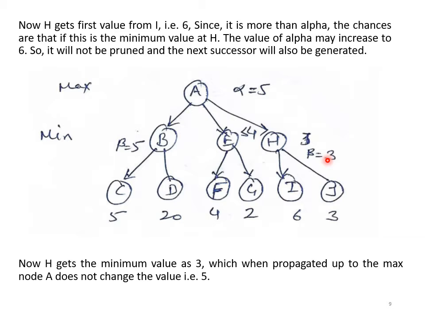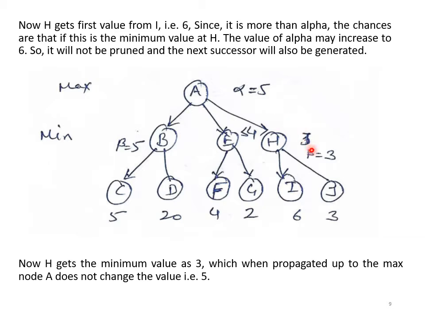Now H gets the minimum value as 3, which when propagated up to the max node does not change the value, that is 5. Because if its value in the first attempt had been beta equal to 3, then you could prune the node J. But beta's value should be the minimum and it depends on both these nodes, so the condition alpha greater than beta could not be satisfied.